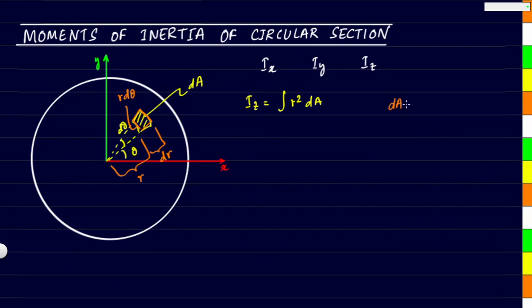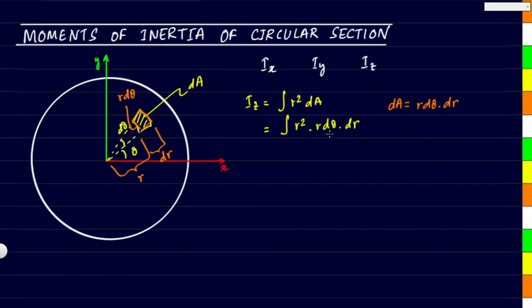So the area dA will be equal to length into breadth, the length being r d theta and breadth being dr. When we substitute these values into the equation, we get integration r square into r d theta into dr.